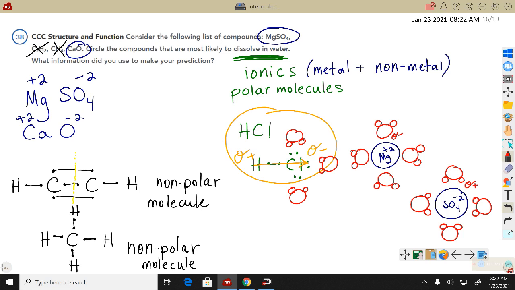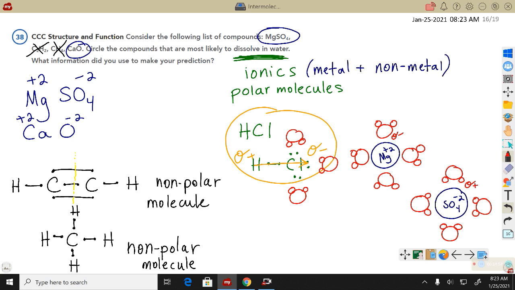Even though this isn't going to split to form ions, it's not ionic because it doesn't have a metal, the water molecules will still totally surround the HCl molecule, and they'll mix with the HCl molecules. They'll allow it into their world. Water molecules are like, yeah, you're polar? Come on in, let's mix.